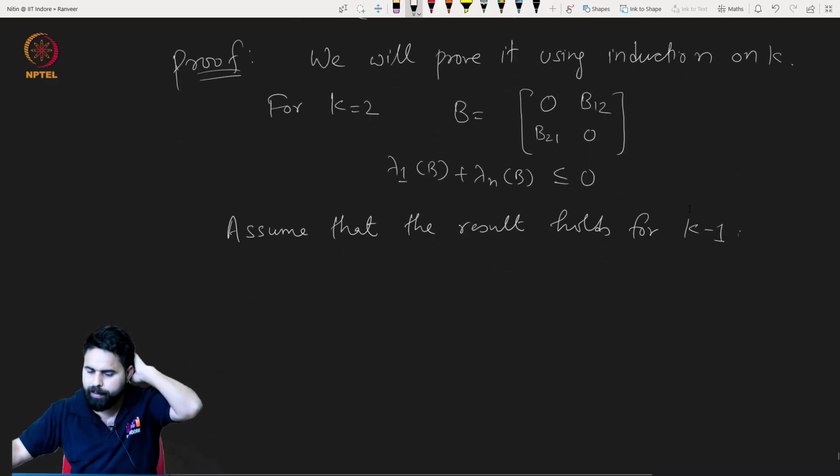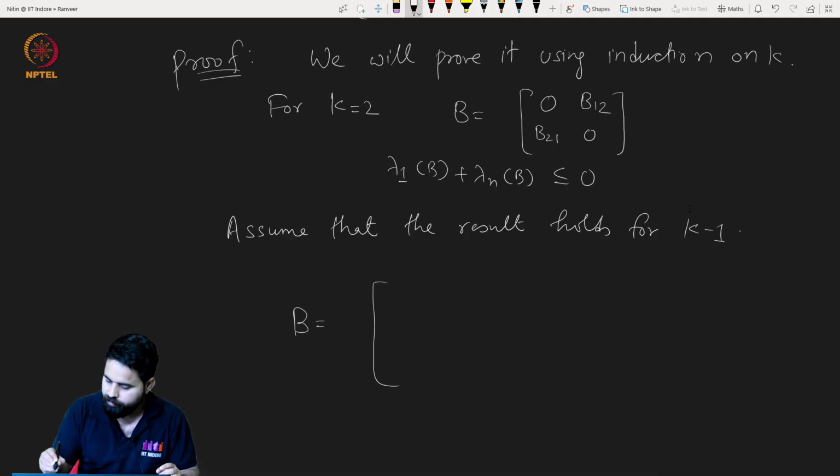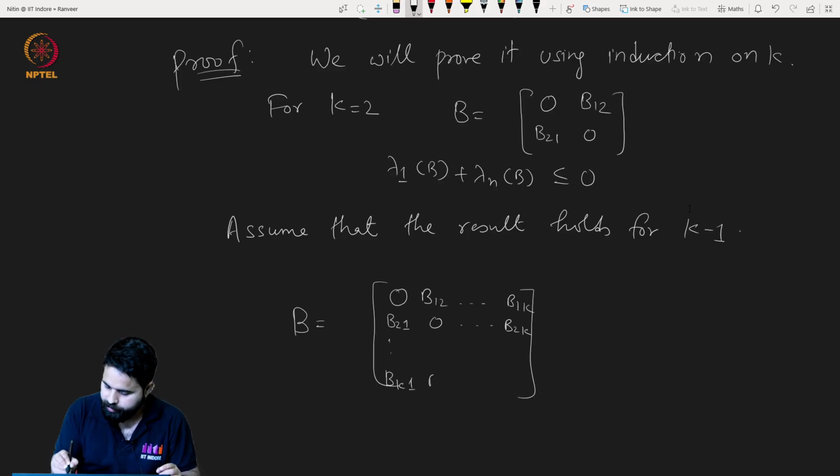So now b's structure is this, right? There are zeros, so b12 up to b1k, then b21, zeros, up to b2k, then bk1, bk2, up to this will be 0.